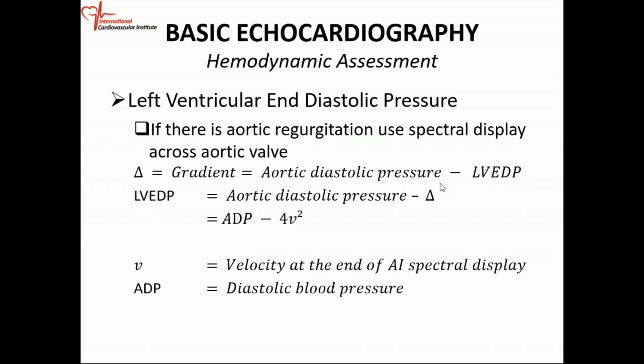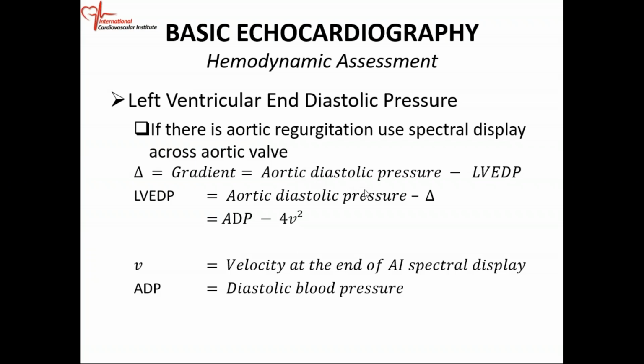So if you rearrange your equation and you want to get the left ventricle end diastolic pressure, you know the aortic diastolic pressure is the same thing as the diastolic blood pressure.